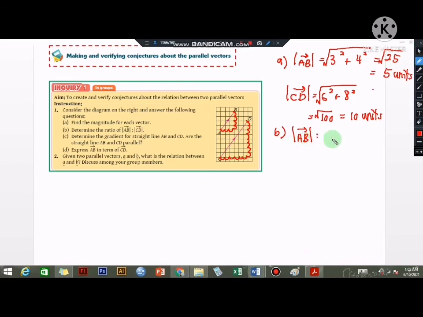So the ratio AB to CD is equal to 5 to 10. So we can simplify, it will become 1 to 2. So we are done already for B. We already answered B, which is to determine the ratio.